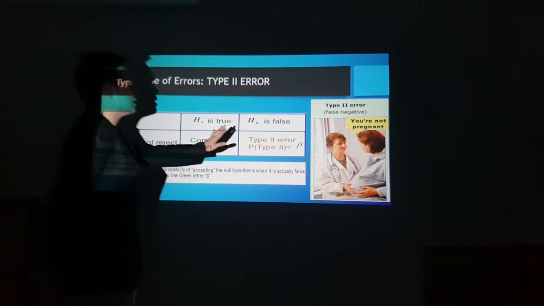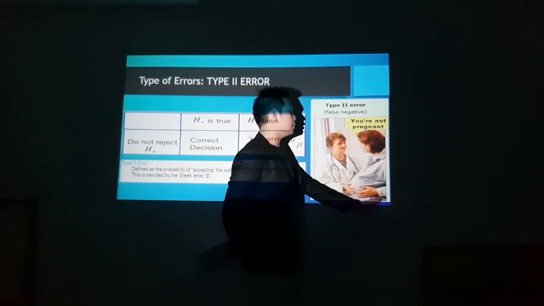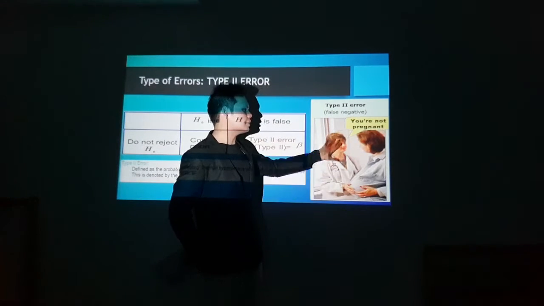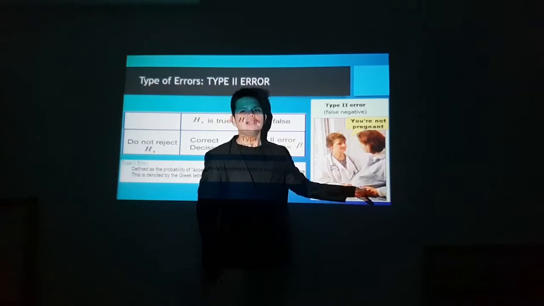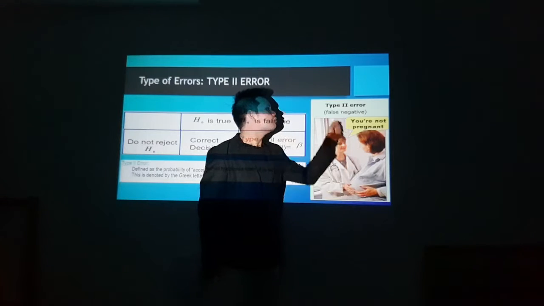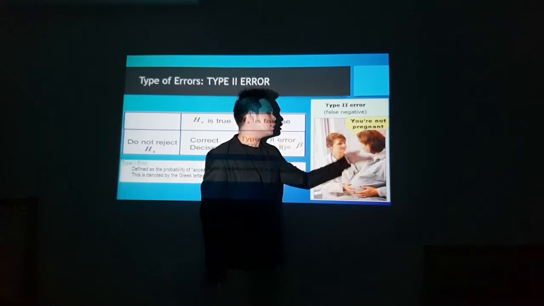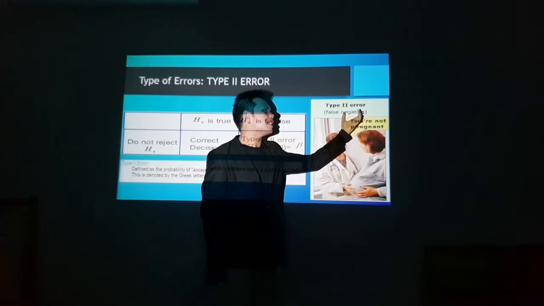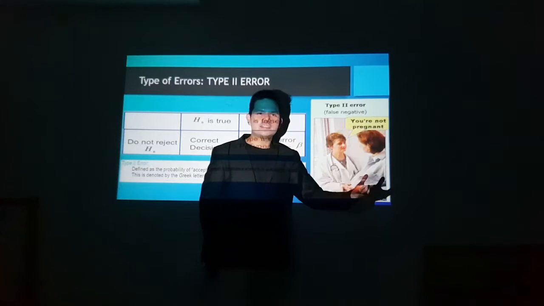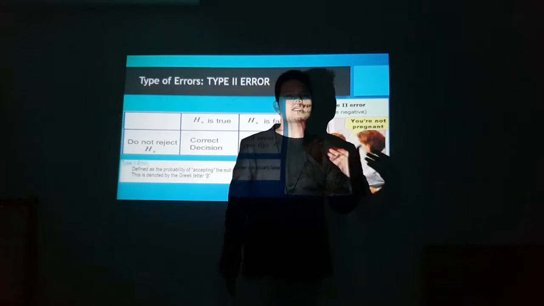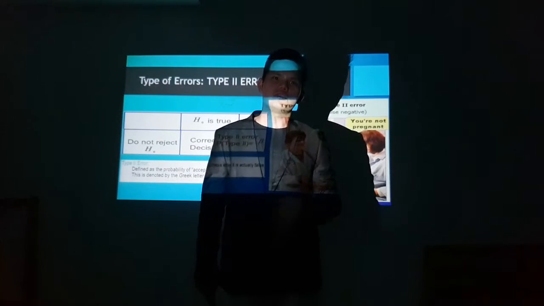So if we look at this funny but very meaningful and relevant example, you'll notice that the doctor told the woman that she's not pregnant despite the fact that she is. So, false negative. Not true, and at the same time it's negative because the message is also negative to a woman who is expecting a child.